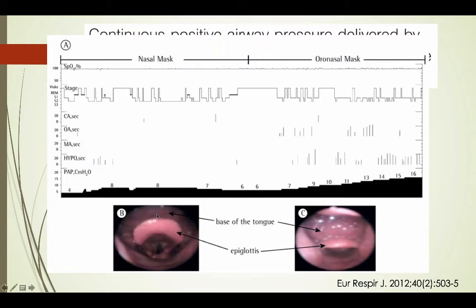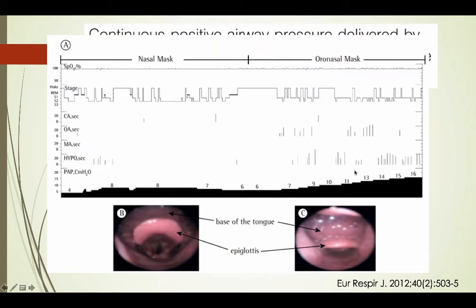If you see over here, what they have done is on the same night they have delivered CPAP via nasal mask, and they have delivered CPAP via oronasal mask in the second part of the night, and they looked at the airway endoscopically. In the first part, when nasal mask was given at around 6 to 7 centimeter water, airway was fully open. You can clearly see opened airway.